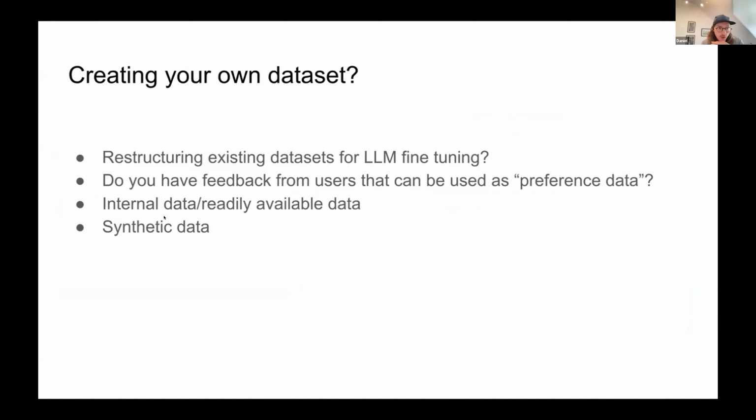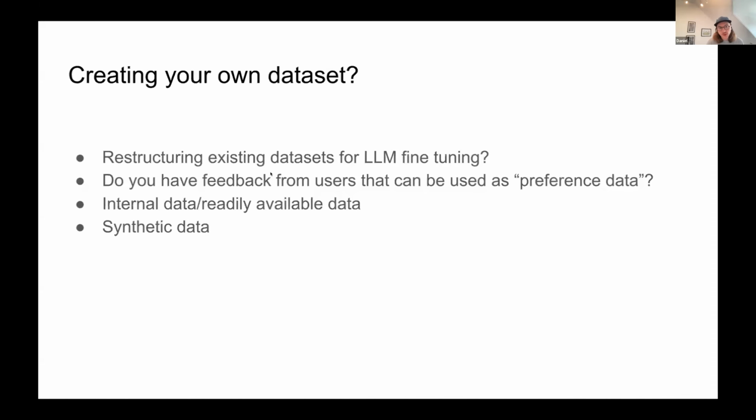But I think one of the things that probably is still a little bit underused is just to adapt existing data sets for large language model fine tuning. So there's a bunch of data sets from classic NLP that can be restructured or reformatted to work with LLM fine tuning. And particularly if you're already an organization that's been using machine learning for a while, probably you have some of those data sets already around that you potentially could adapt.